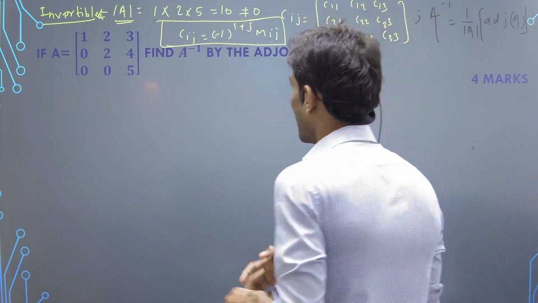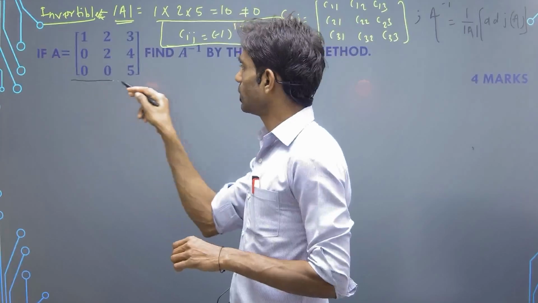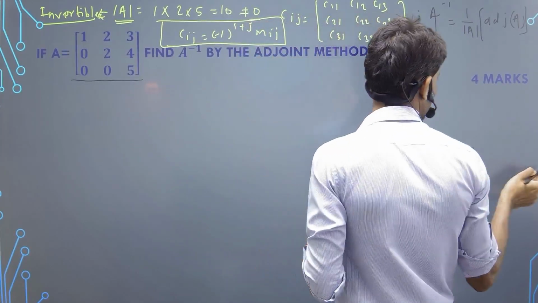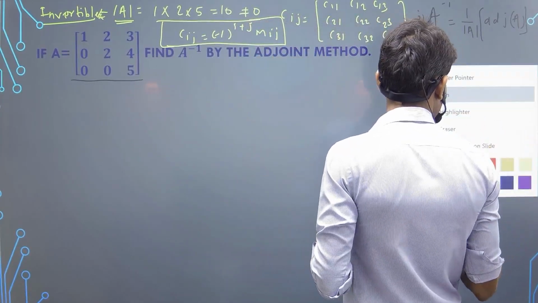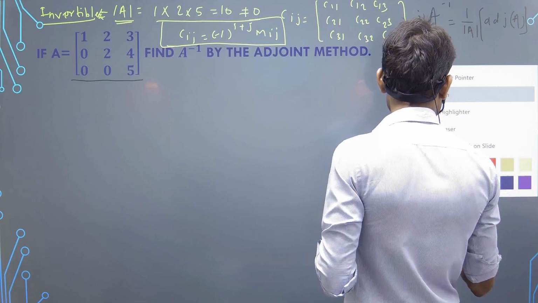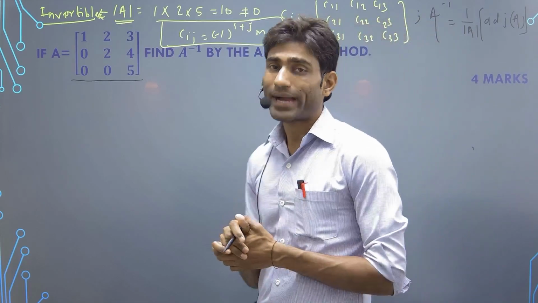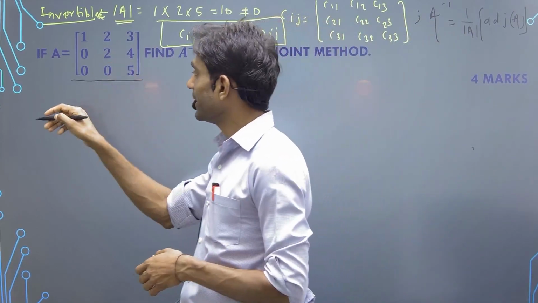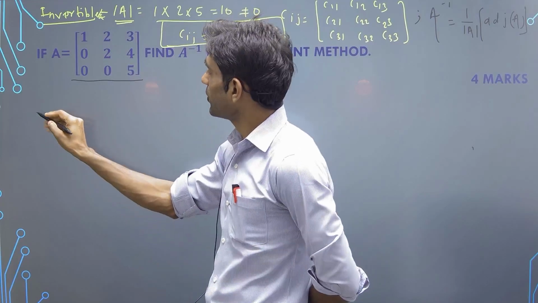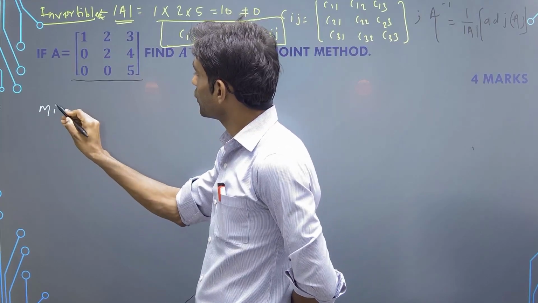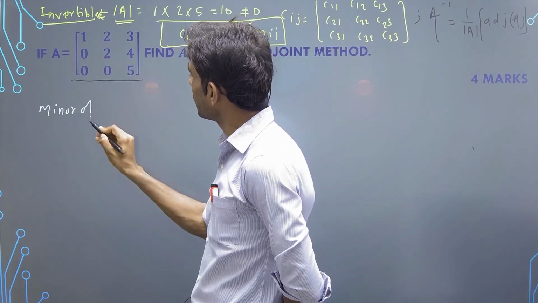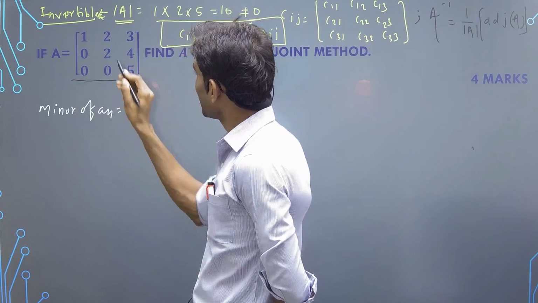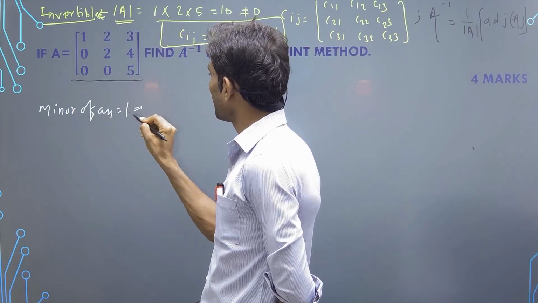Now we have matrix A. First of all, let's find the minors. Once we get the minors, it is easier to find the cofactors. We need the minor of each and every element. So the minor of A11. What is the A11 element? It is 1, so we want the minor of 1.